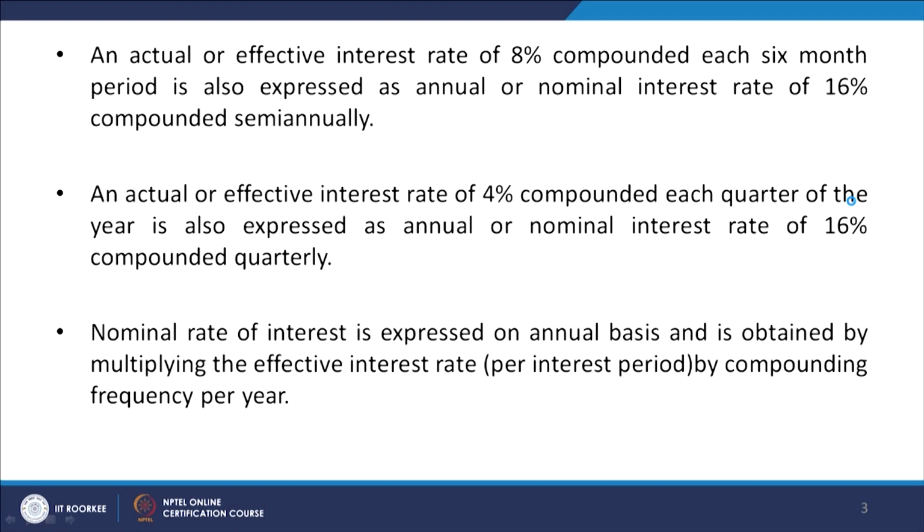When we talk about a term like 16% compounded semi-annually, that is what we call the nominal interest rate. So, in a year it will be 16%, but compounded semi-annually. Now, if you look at the effective interest for the whole year, in that case it will be different, it will be 16.64%, 8% every 6 months.